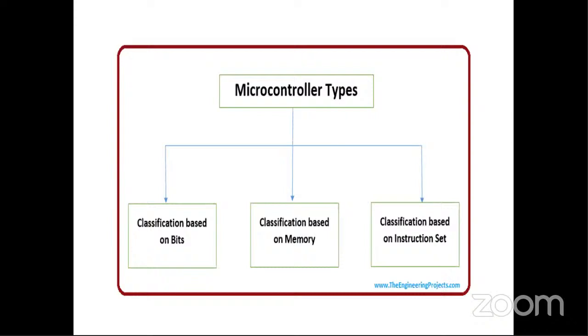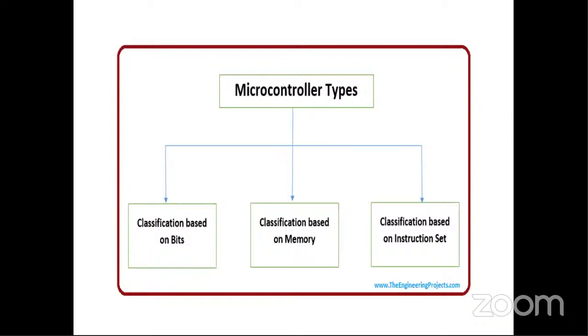Now this classification of instruction sets is based on RISC, that is a reduced instruction set computer, and CISC, that is a complex instruction set computer. Reduced instruction set computers have simple instructions, which can be executed in a single cycle, and they have fewer addressing modes.